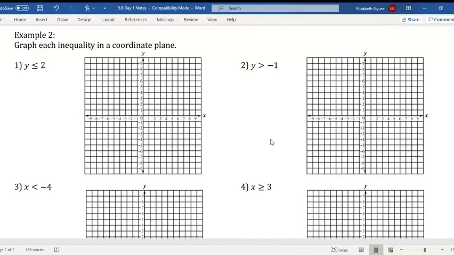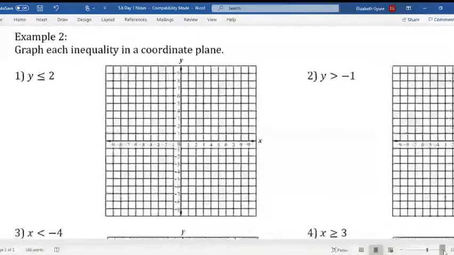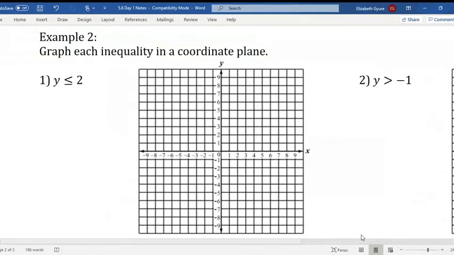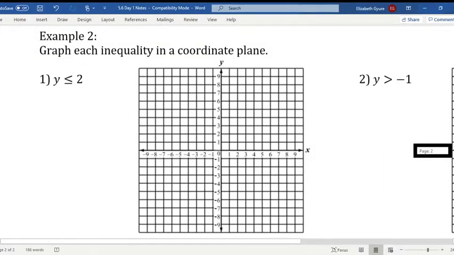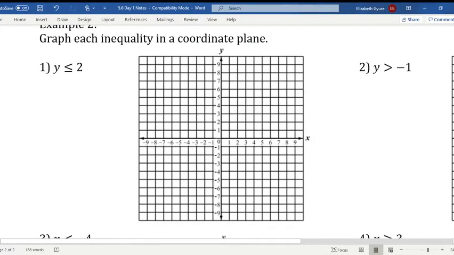So graph each inequality in our coordinate plane here. So we have y is less than or equal to 2. We haven't done this in a second, but this is like vertical and horizontal lines, because do we have a full y equals mx plus b type of equation here?